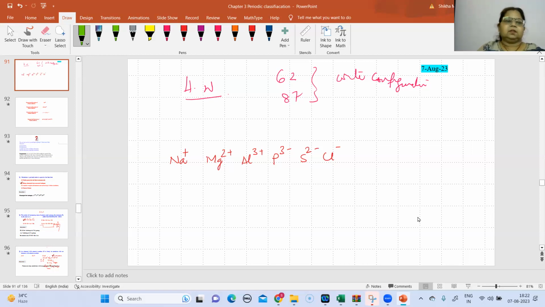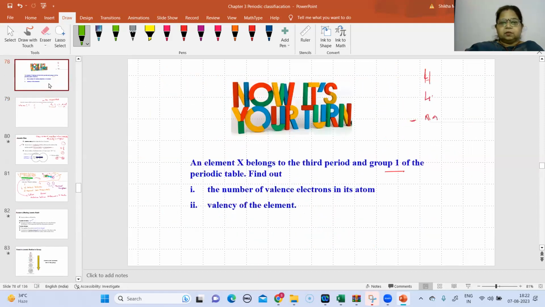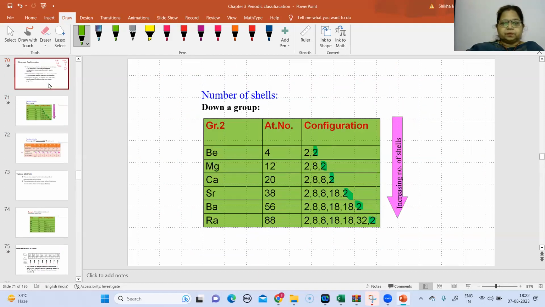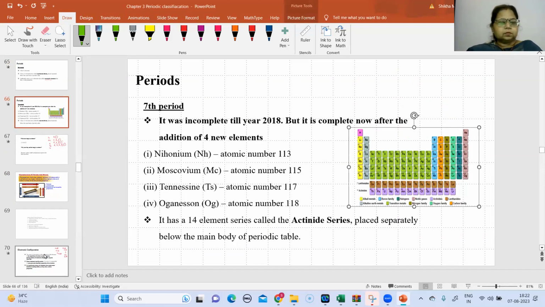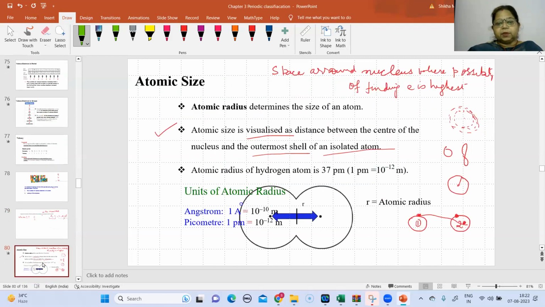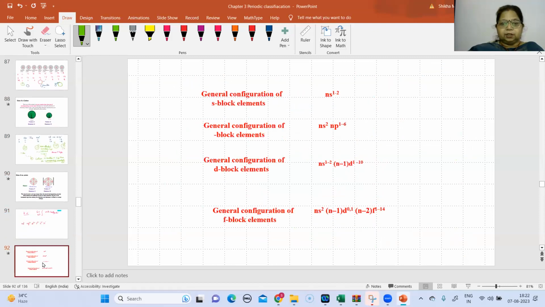Okay. See, for that day we said that it will take a long time to write such big configurations. And so therefore I gave it to you in the form of homework, right? Let me find the periodic table so that we save some time. And answer it quickly. At the same time, I will give you the general electronic configuration.